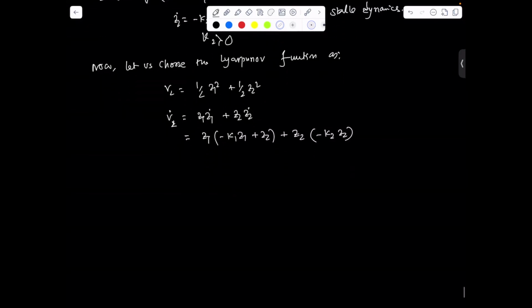And from this you can write V2 dot equal to minus K1 G1 square plus G1 G2 and minus K2 G2 square.